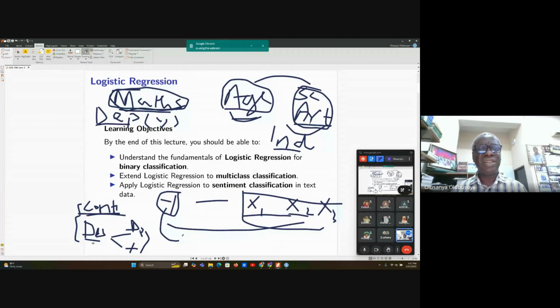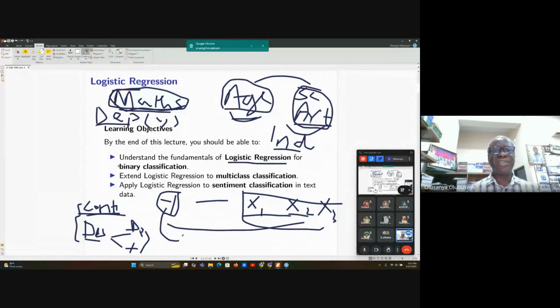But when y is measured on a nominal scale, is categorical like this. And specifically, if you have only two categories, which we call binary, then we will be talking about logistic regression.